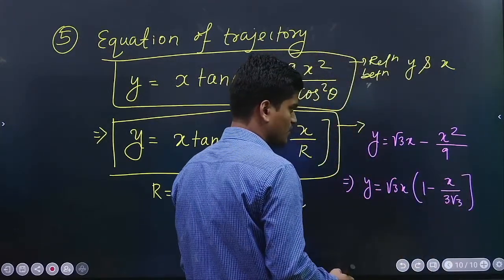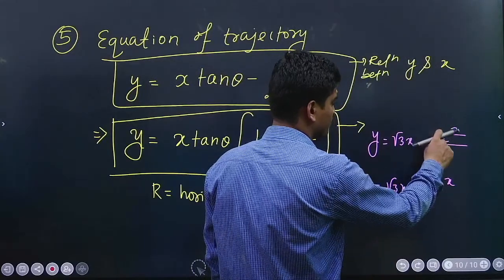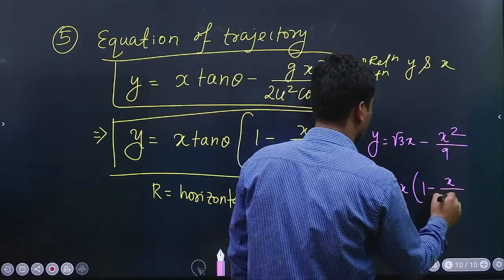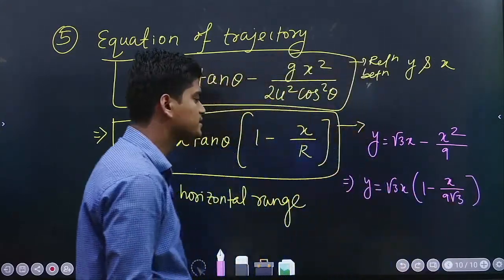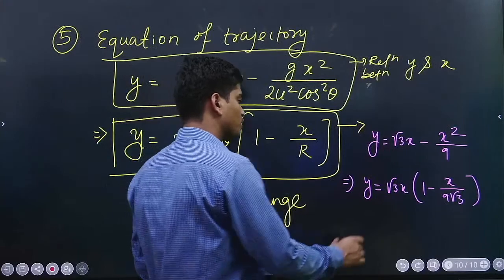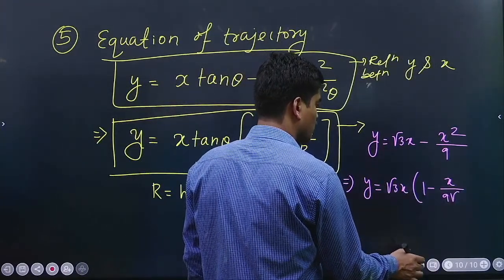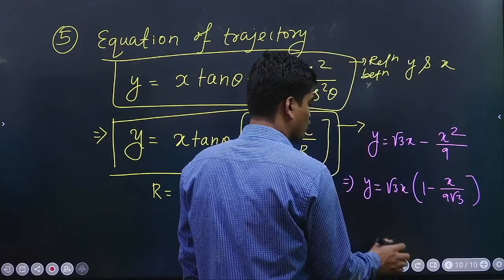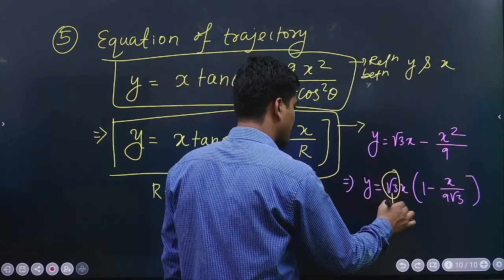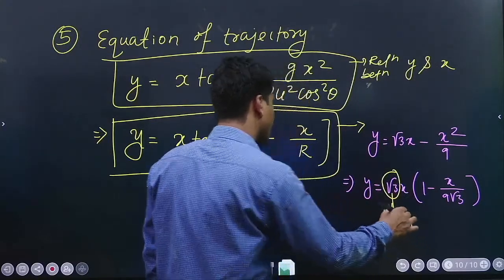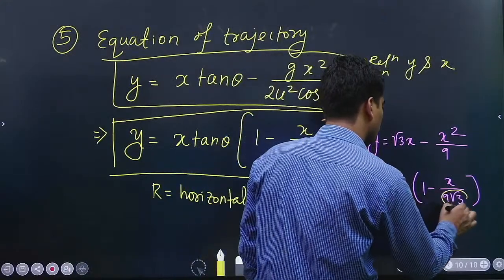Actually, root 3 is not there, so I multiply by root 3 here and divide by root 3 here, so it becomes 9 root 3. So 1 minus x by 9 root 3. Now you can equate the coefficient of x, which is your tan theta, and from there you can find the angle of projection.